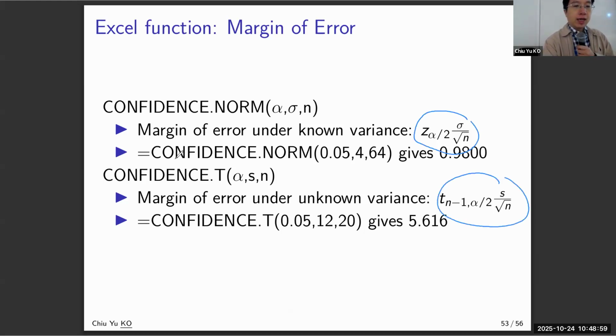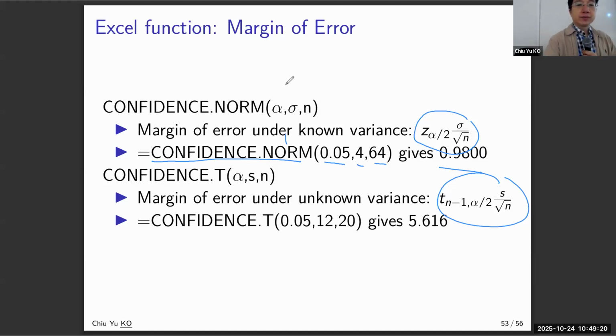Okay? And if you write CONFIDENCE.NORM and 5%, it will give you the 95% confidence margin of error with sigma 4 and 64 will give you this number, right?